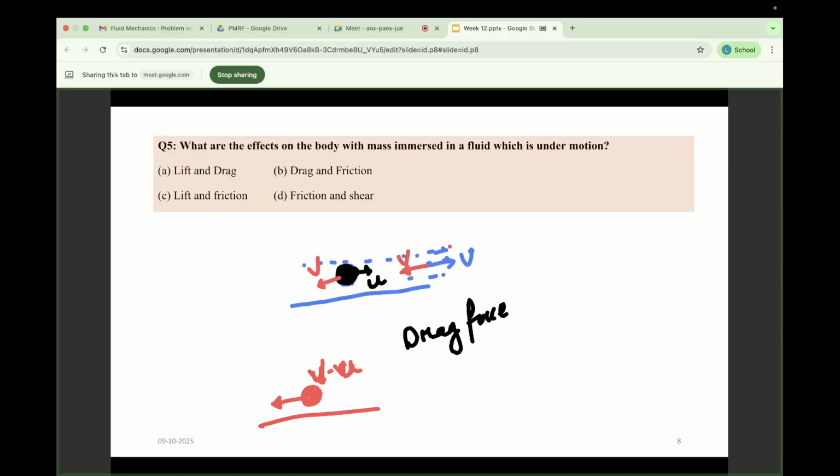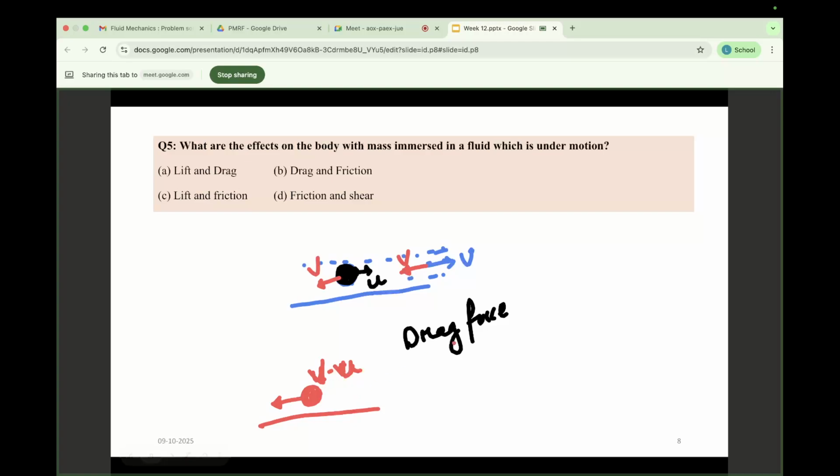So if this is a car and this is car number 2, after a few minutes car 1 will have moved a further distance compared to the other one. So car 1 will observe that car 2 is moving backward. So that is the concept here.